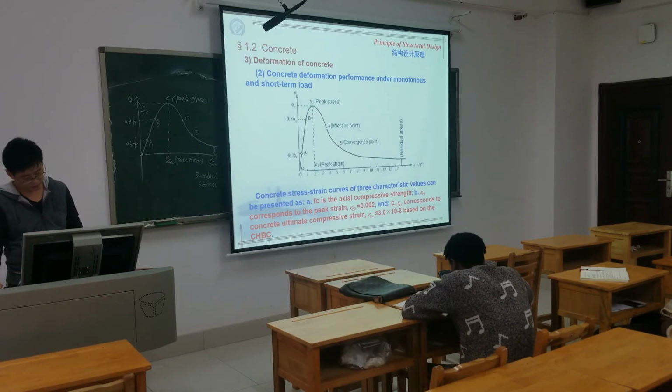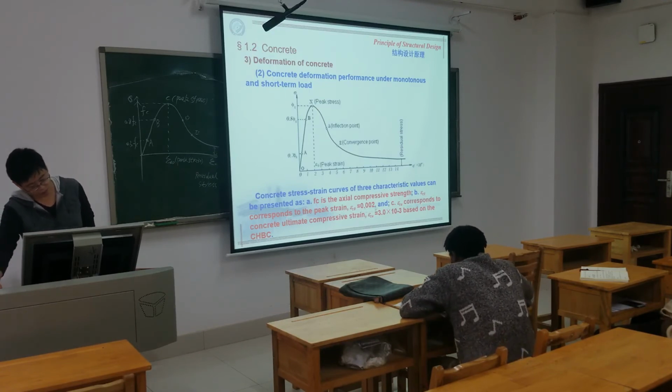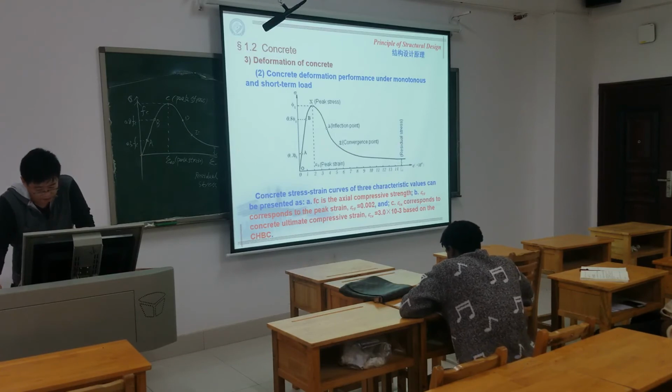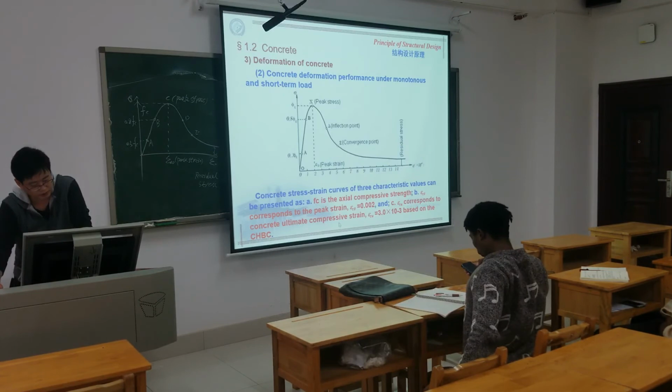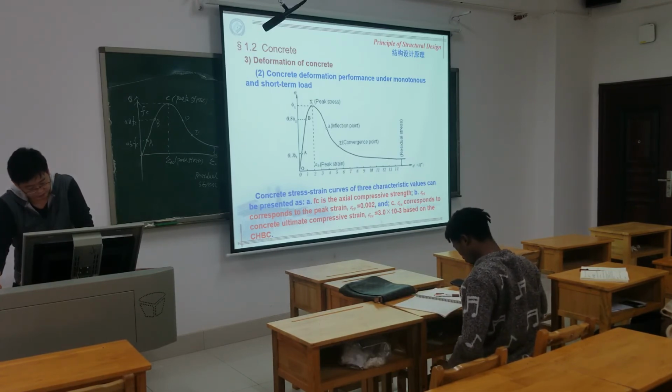Okay, now we just correct some. It's corresponding to the P spread equal to 0.12, and then the result at this point corresponding to the ultimate compressive strain, actually 0.13.